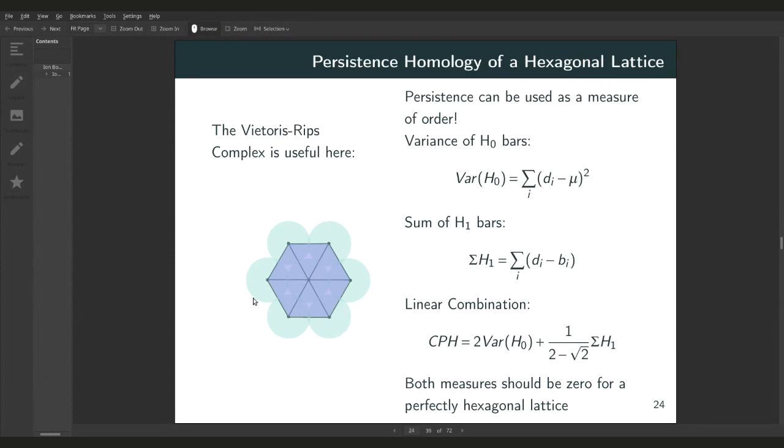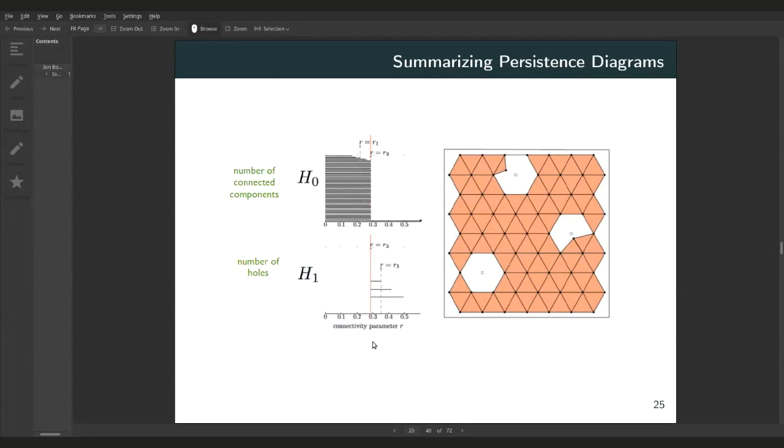If you scale everything so that the longest edge of your triangle is 1, you can write down exactly what you expect the persistence diagrams to look like, and so you can use persistence as a measure of how far off you are. But here we're really focusing in on hexagonal lattices, and this really seems to be a well-suited measure for this.